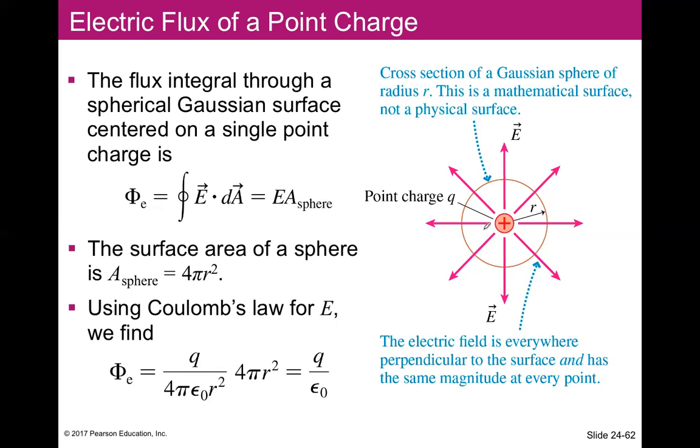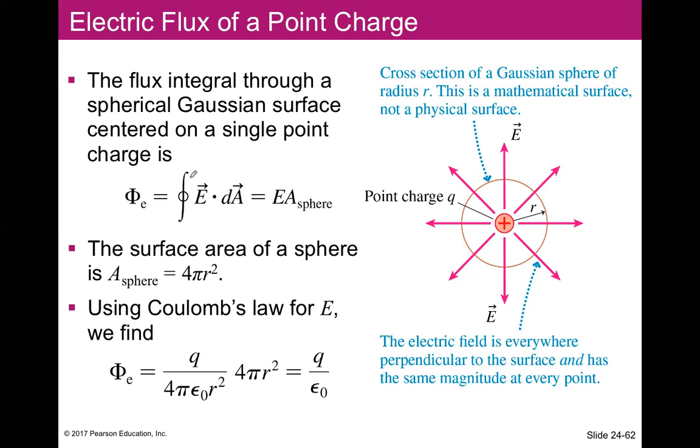And the center of this spherical surface is just at the center of the charge. So that in this way, your E on the surface is always perpendicular to the surface, and also the magnitude of the E at any point on the surface should be the same.